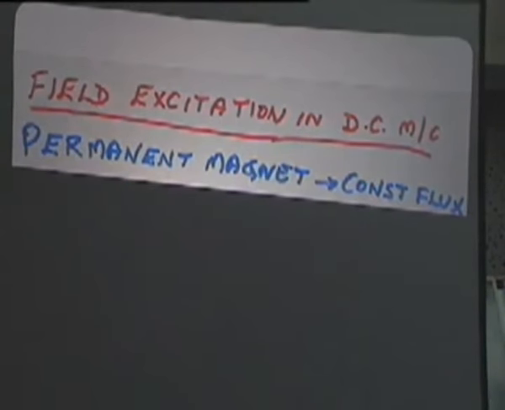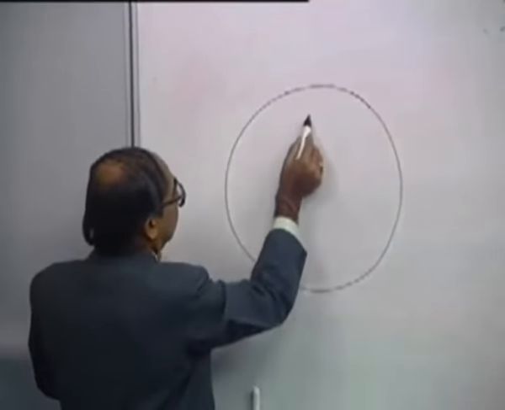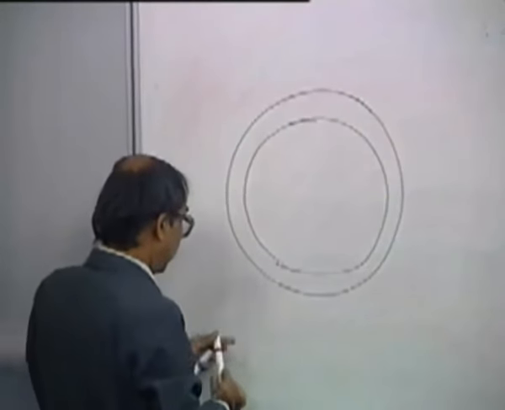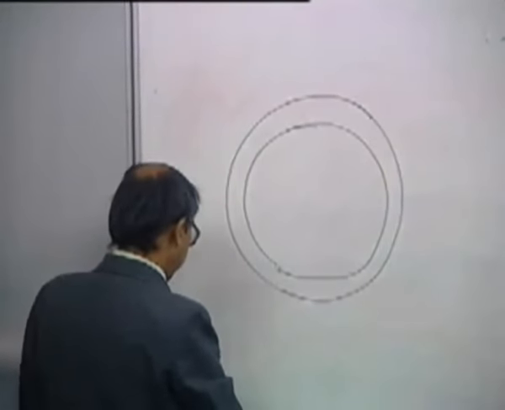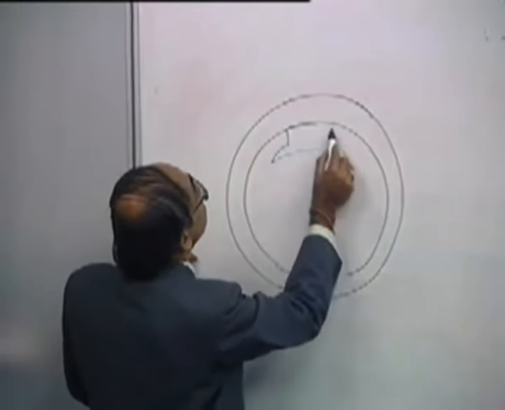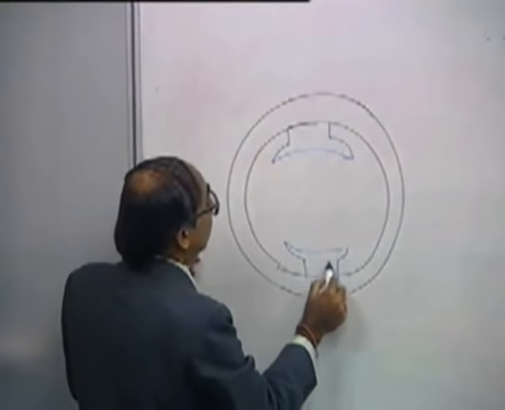So if you want to look at an actual picture, if this is the stator yoke, the permanent magnets may be fixed with appropriate shapes like this.